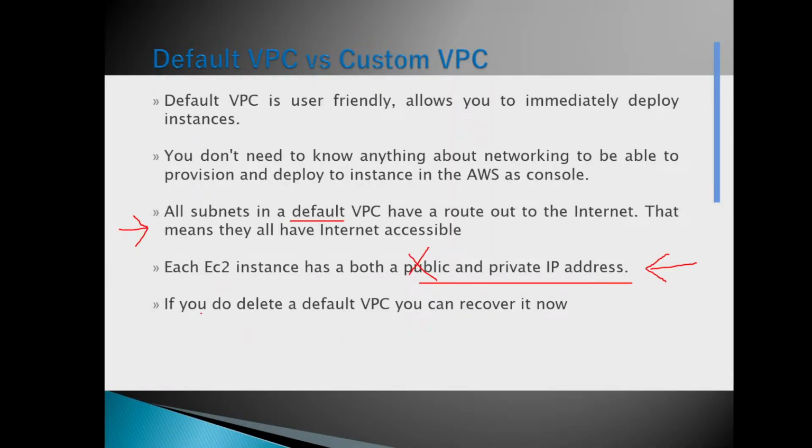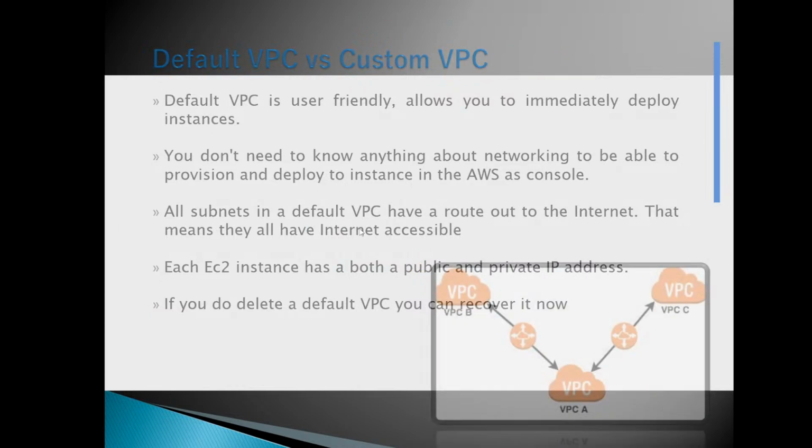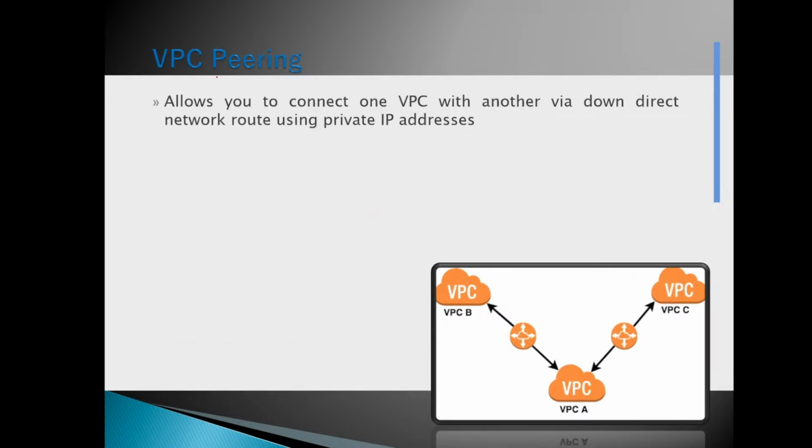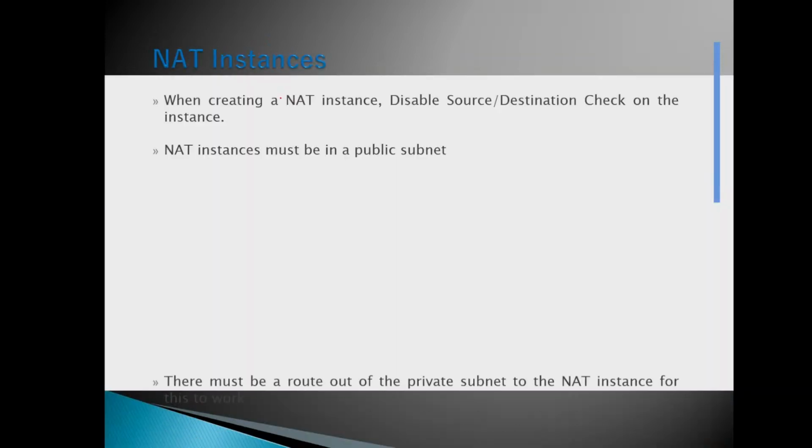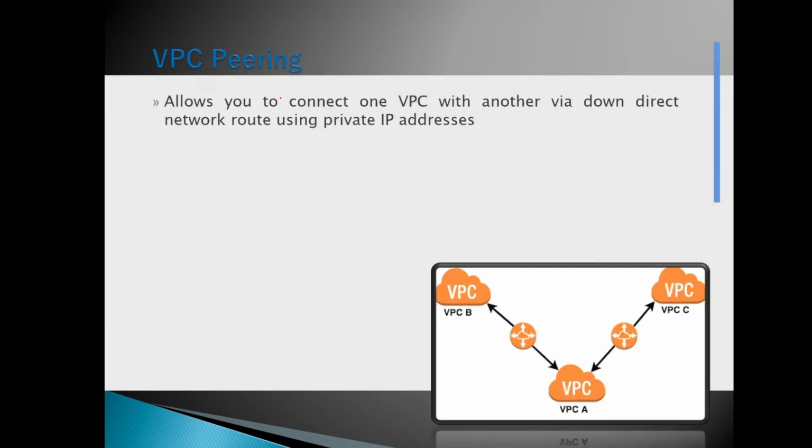Previously it was very difficult to recover or recreate the default VPC, but nowadays Amazon has given a provision to recover it. But my recommendation is do not touch default VPC. If you want to do any customization, create your own custom VPC and do it there. VPC peering will come to that. Any question till here?